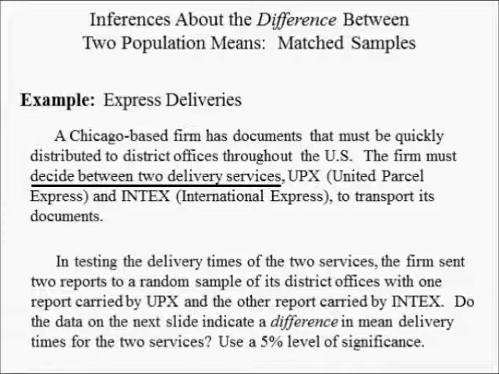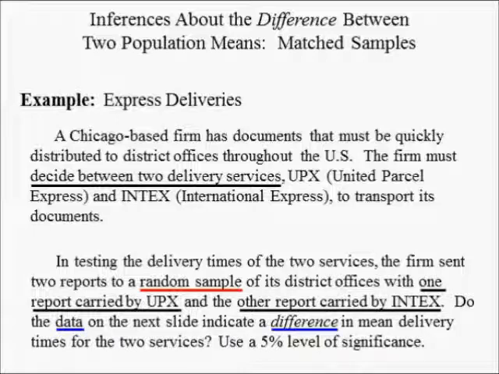In testing the delivery times of the two services, the firm sent two reports to a random sample of its district offices, with one report carried by UPX and the other report carried by Intech. The data on the next slide indicate a difference in mean delivery times for the two services. Use a 5% level of significance.